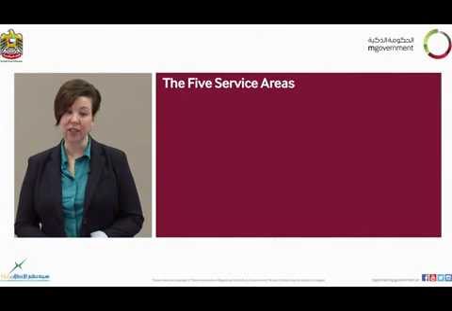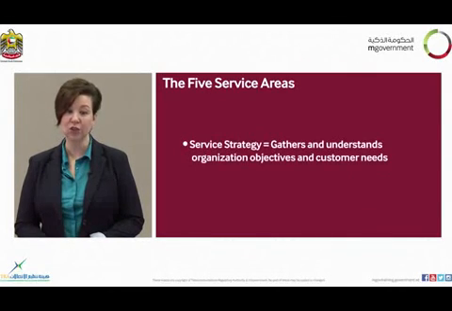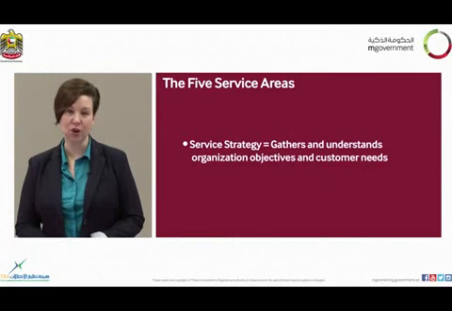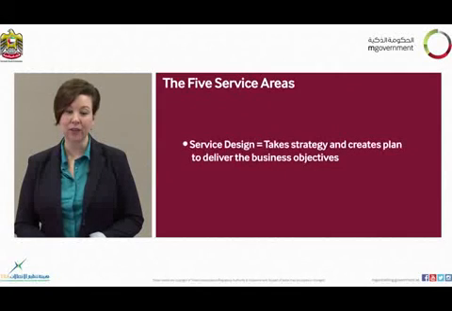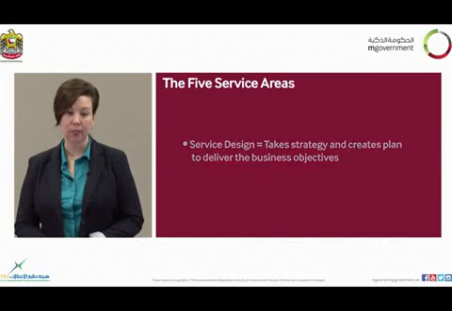5 service areas again: strategy, design, transition, operation, and continual improvement. During service strategy, we gather and understand organization objectives and customer needs. This is also known as requirements gathering. In design, we'll take that strategy and create a plan to deliver our business objectives.